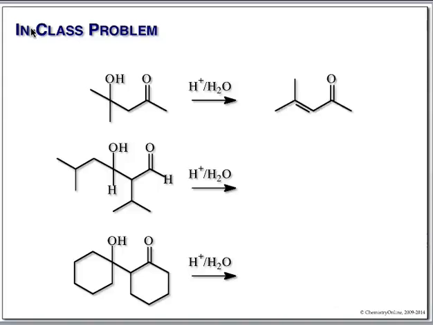The next one, going to eliminate the hydroxyl group, proton from here. There's our alpha-beta unsaturated aldehyde. And finally, after we condense 2 moles of cyclohexanone, we had this.